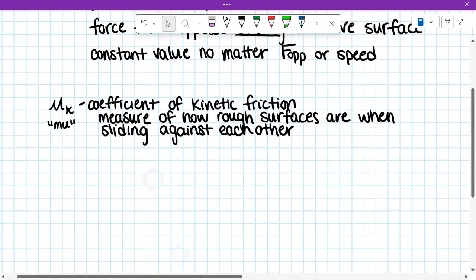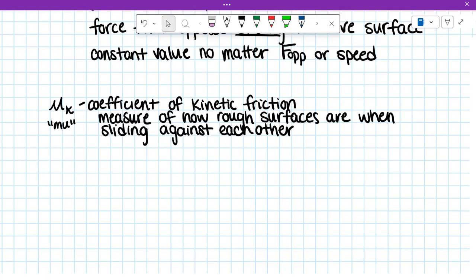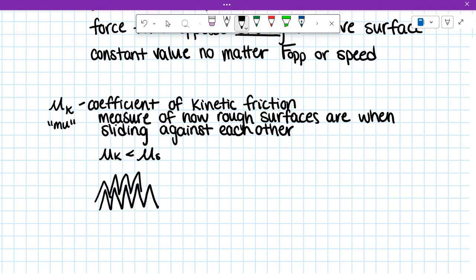Now, no matter the surface, this coefficient of kinetic friction, mu k, as you'll sometimes hear me refer to it, is always going to be less than the coefficient of static friction. When we're dealing with static friction, we're thinking about how many peaks and valleys there are, and we have to fight and go over each of those peaks and valleys.